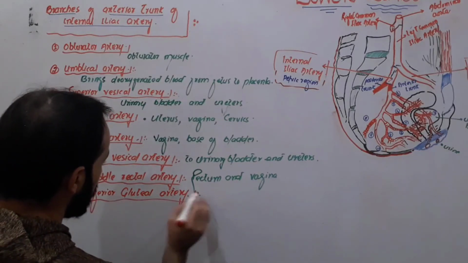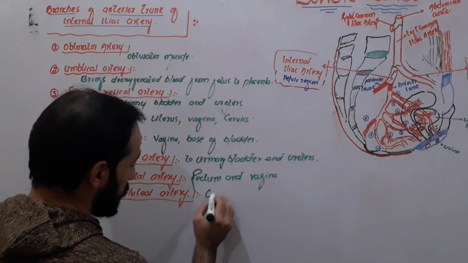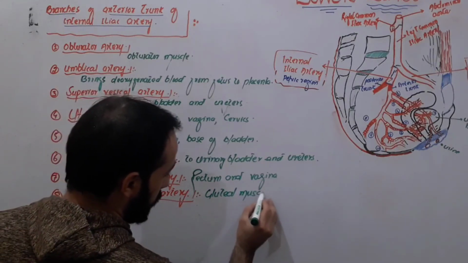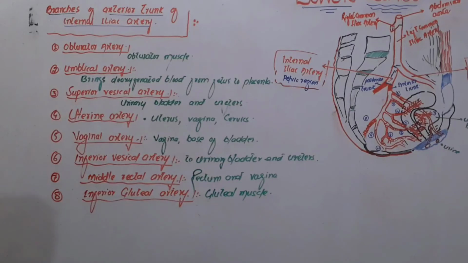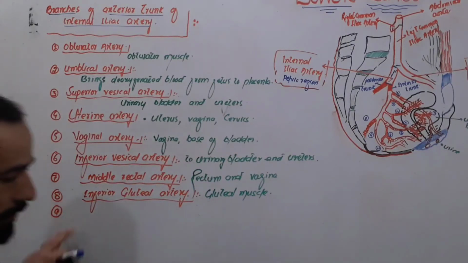I hope you are understanding the lecture. Right, so this inferior gluteal artery is responsible to supply blood to the gluteal muscles. Very good.